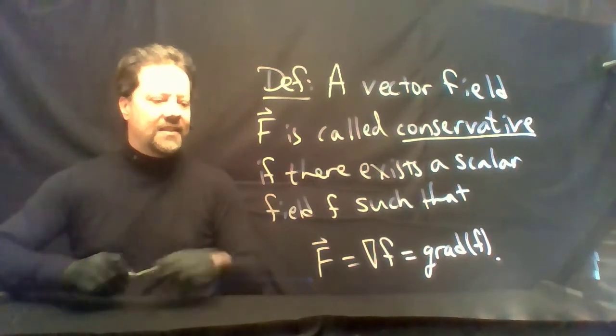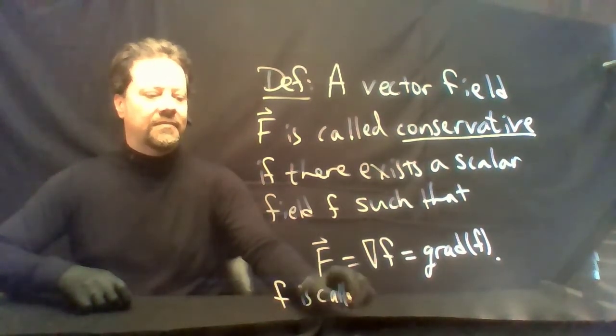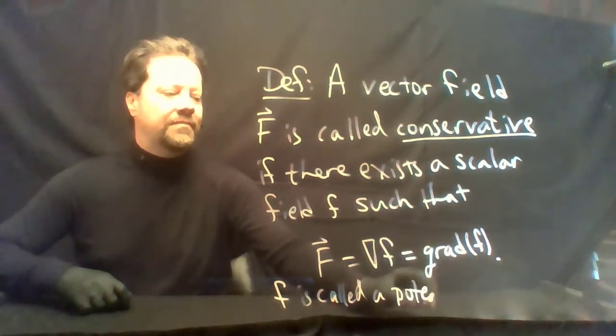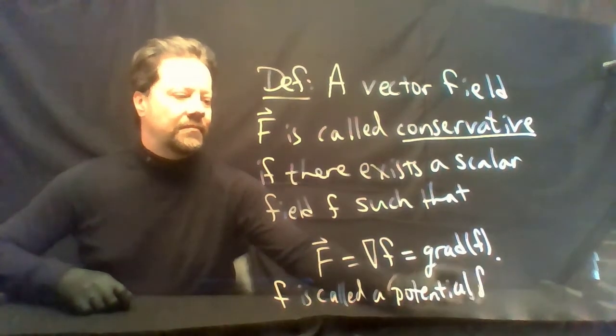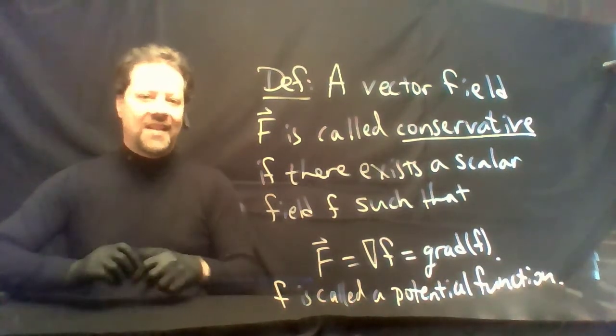In this case, little f is called a potential function. It's the scalar potential.